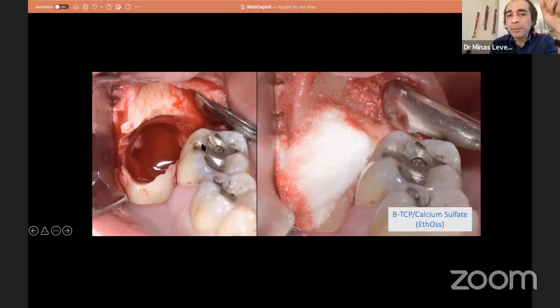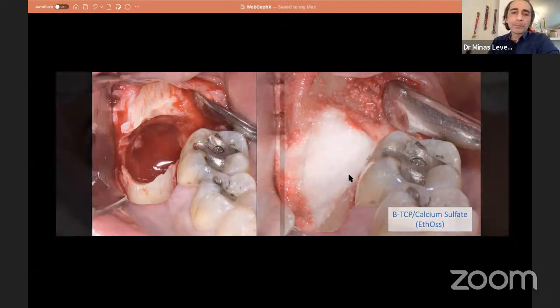First important step is to clean all the soft tissue behind the 7 to remove all the cystic lesion. And then when everything is clean and dry, to graft it with a synthetic absorbable osteoinductive material.